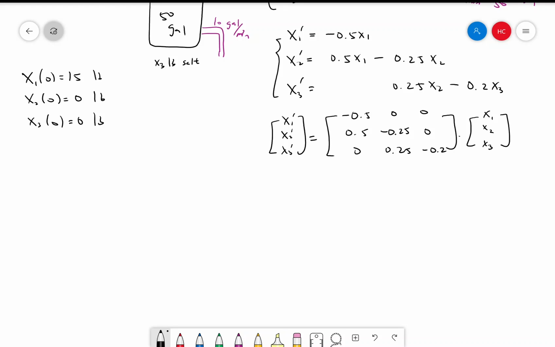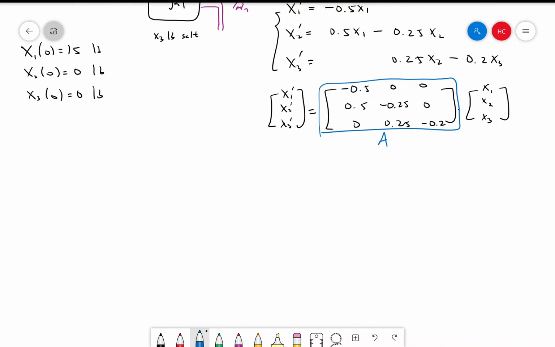So all we need to do is to investigate this matrix A. Investigate means to diagonalize it to solve this differential equation. So here's a trick. You notice that A is a lower triangular matrix. This trick works for lower triangular matrices, upper triangular matrices, or diagonal matrices.